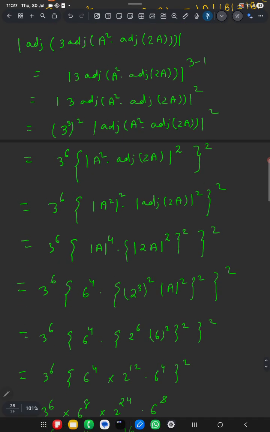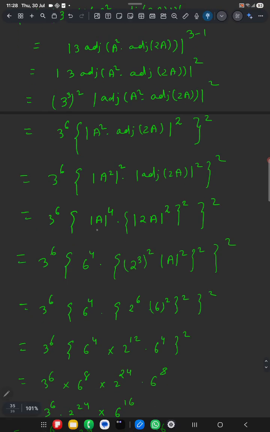Now come here. So this step is clear. Now where is this coming from? The determinant of A square is determinant of A power 2, and 2 will be multiplied with this 4. Now this adjoint of 2A means matrix 2A power 3 minus 1, that is this one, and this 2 is here.